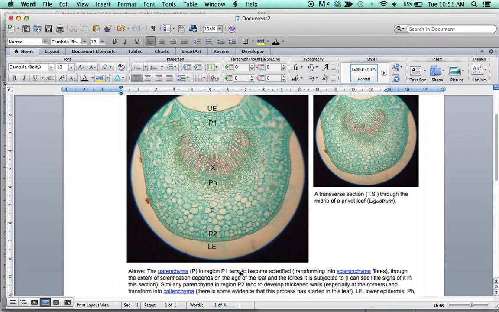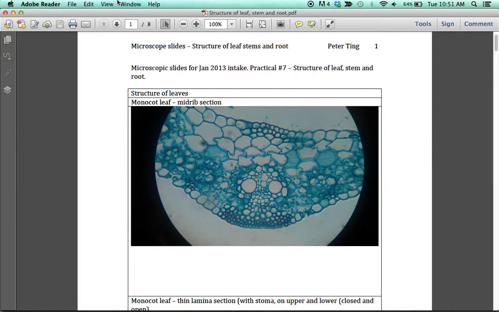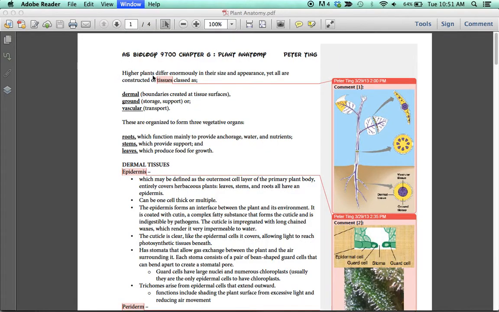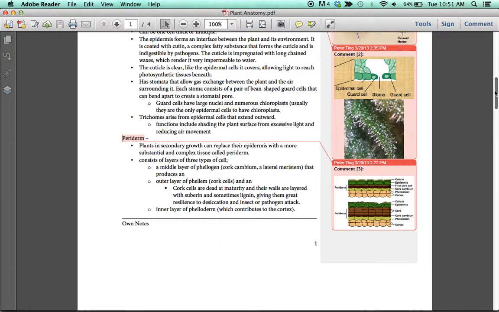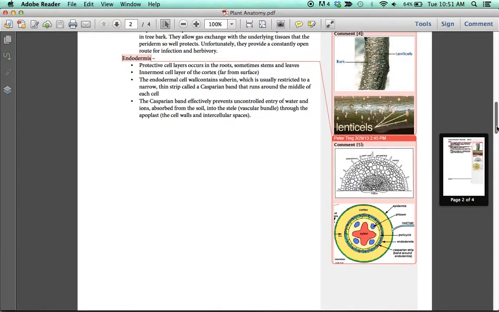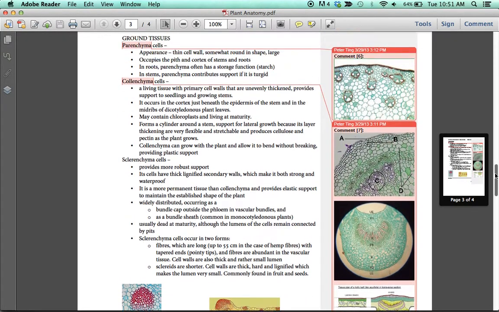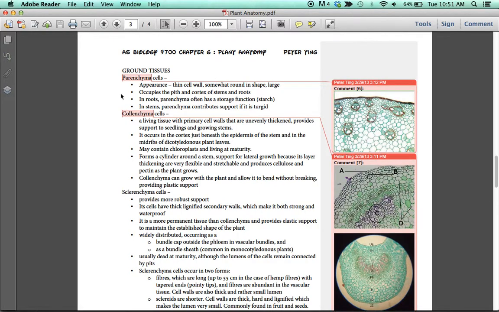Now, what is parenchyma and what is sclerenchyma? If you look back at the notes I gave you just now, parenchyma and sclerenchyma are basically the ground tissues of the plant. The ground tissues are divided into parenchyma cells, collenchyma, and sclerenchyma.